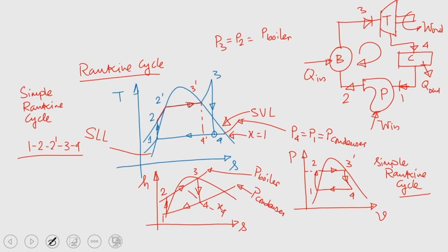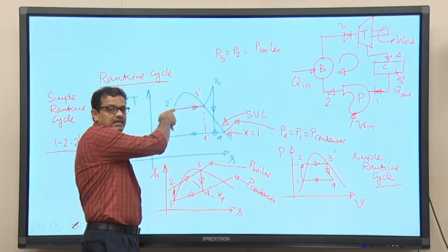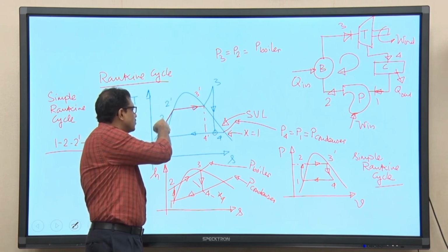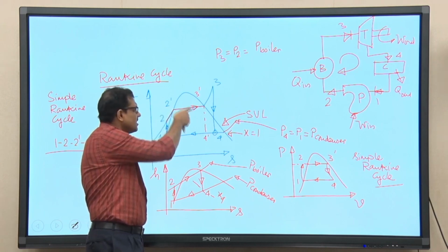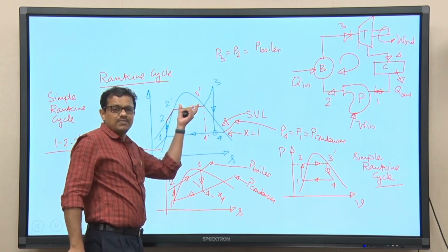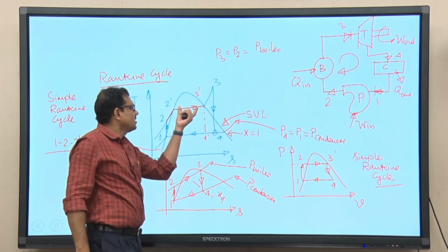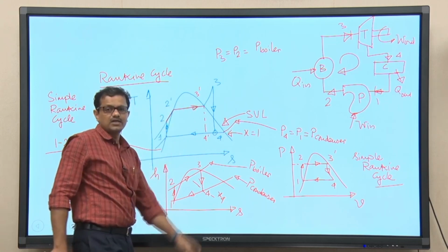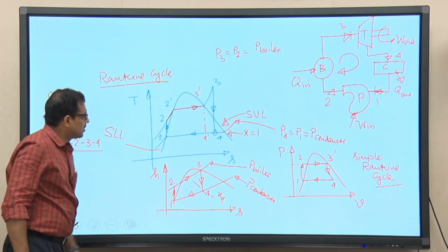So, this particular section, 2 to 2 prime, is the sensible heat transfer, and you can see that the temperature increases. Liquid temperature increases from T2 to T2 prime, and then again heat is continuously added, but there is a phase change, and this is the latent heat transfer.